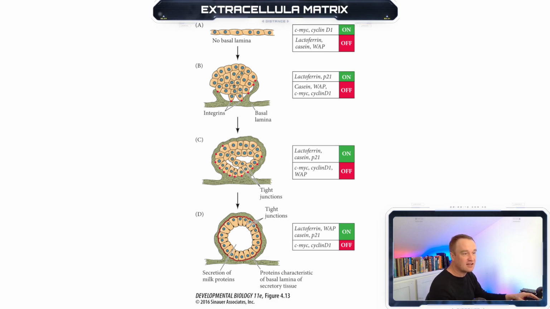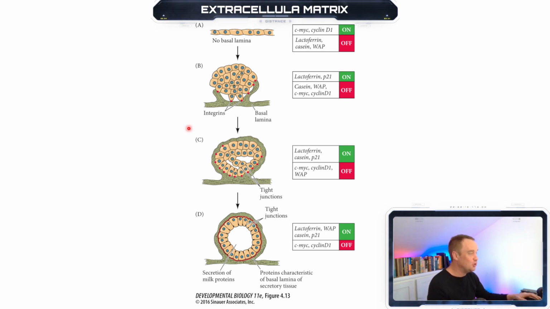So let's look at an illustration of how integrins relay signals from the extracellular matrices. Mouse mammary gland tissue divides when placed on tissue culture plastic. So if there's no basal lamina, this mammary gland tissue divides.